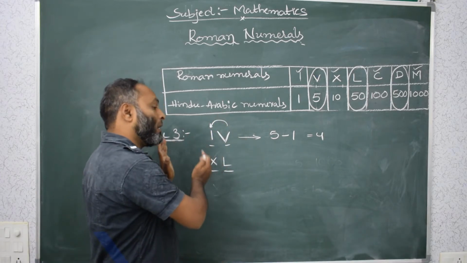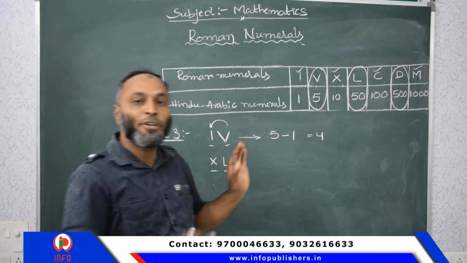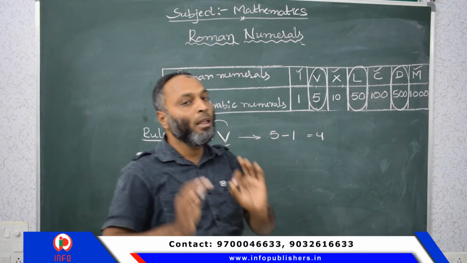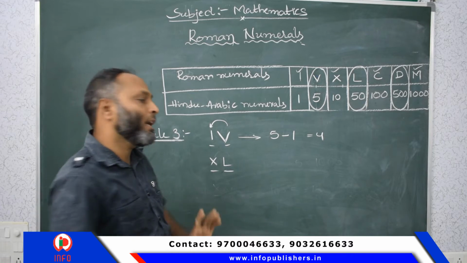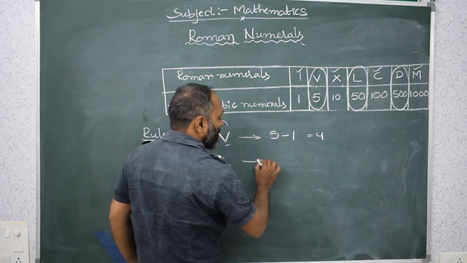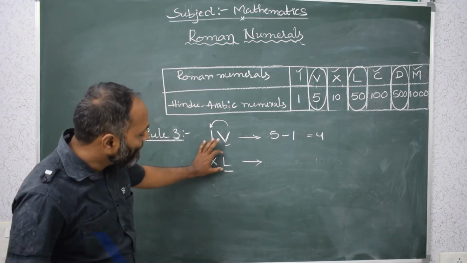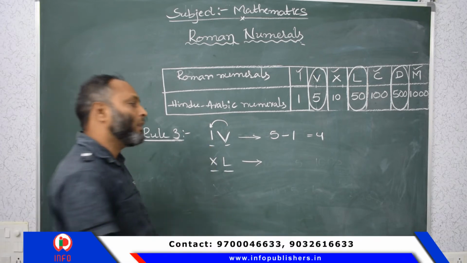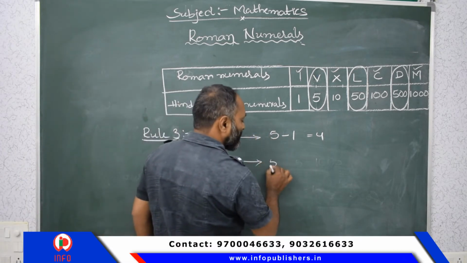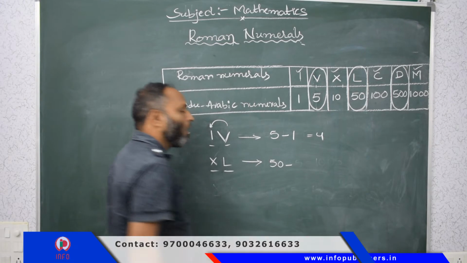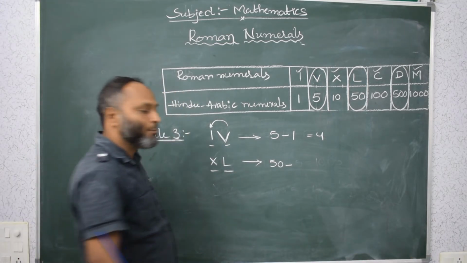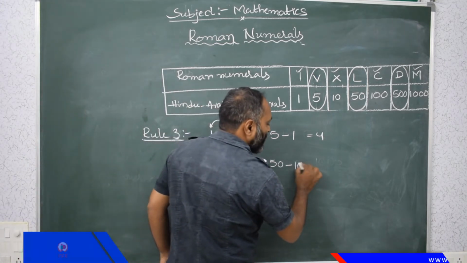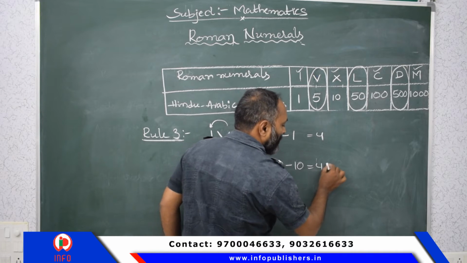Whenever that happens, we have to subtract. First we take the bigger Roman numeral, that is L, meaning 50, minus X, meaning 10. 50 minus 10, that is 40.